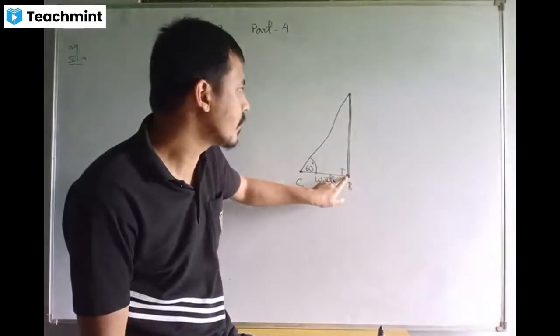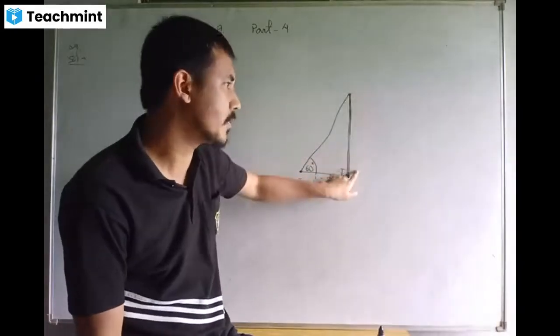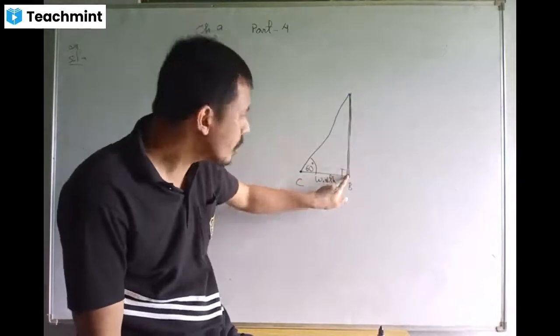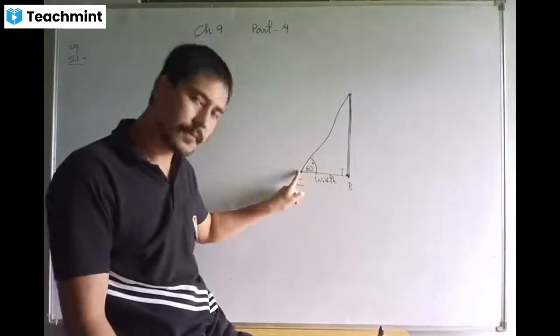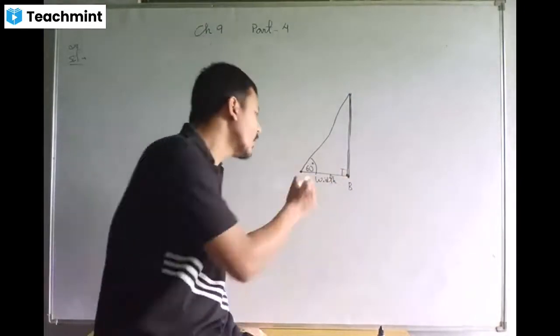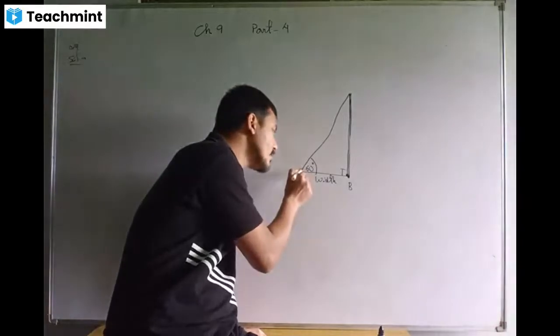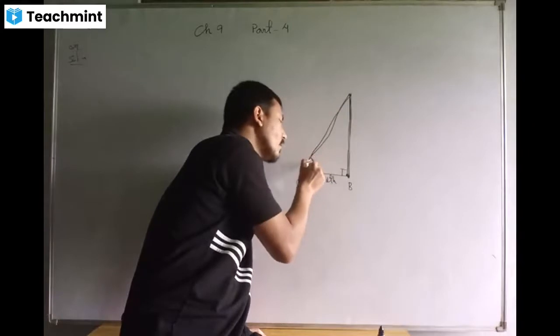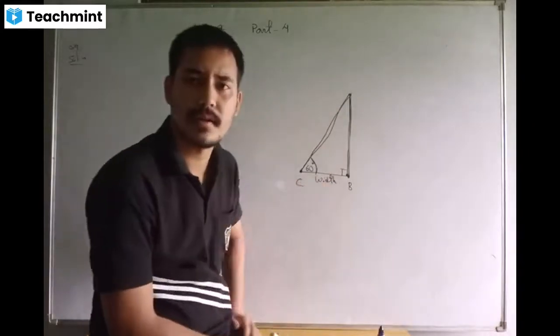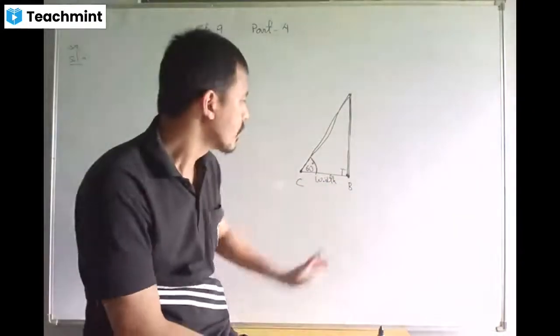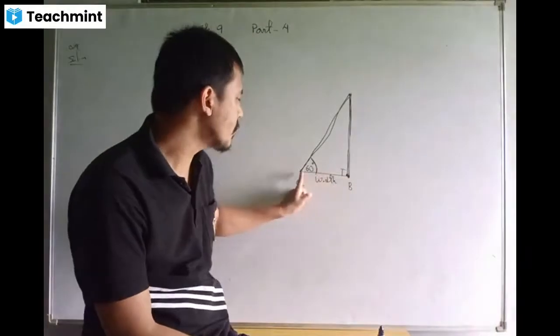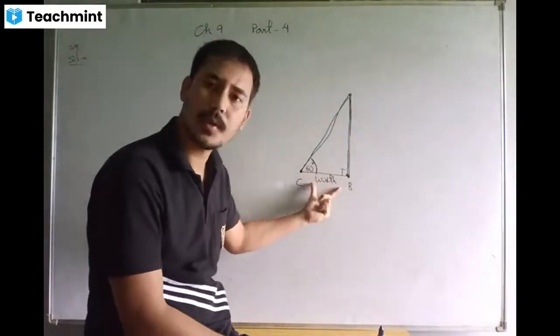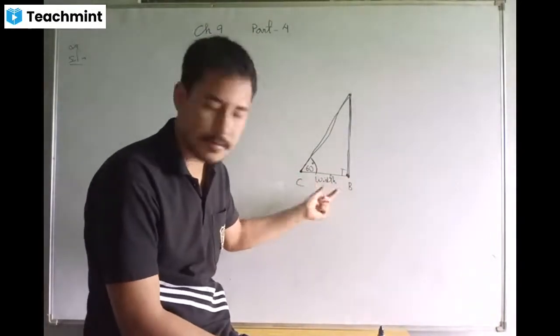On this bank of the river, a TV tower stands vertically. On the opposite bank, there is C, okay? When you look from this point C at the top of the tower, the angle of elevation is given to be 60 degrees. So distance between two opposite banks will give you the width of the canal. All right? Okay.